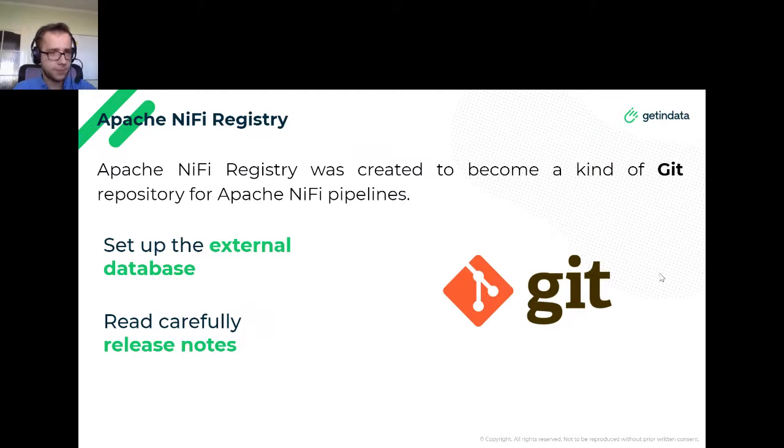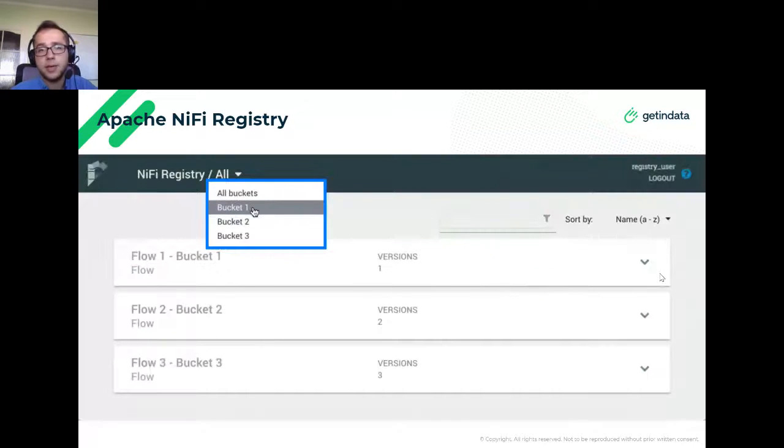But if we have our target configuration, then it's a great tool, because we have the whole pipeline in the NiFi Registry, and we have the variables set up for each NiFi instance separately, and then we can easily deploy the latest version of the process group to the NiFi, or we can also easily revert the change if we find any bug.